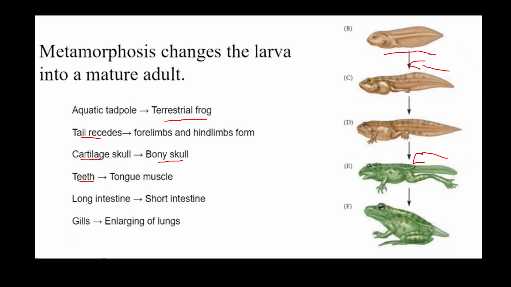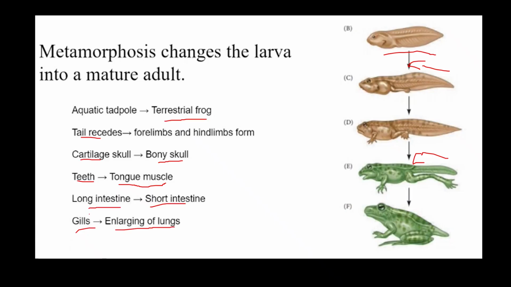The diet changed, so in the larvae there are teeth, while in the adults there is a tongue muscle. The intestine starts changing from a long intestine to a short intestine, and the gills disappear, and there are large lungs.